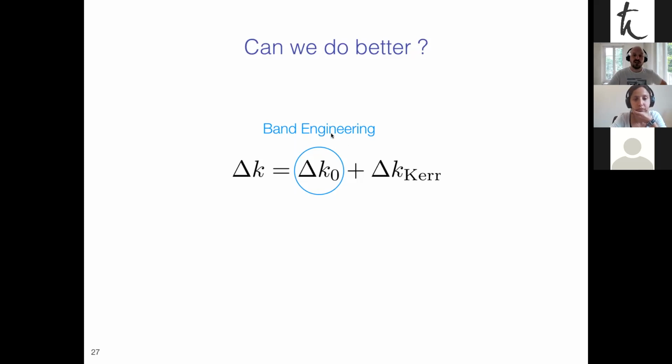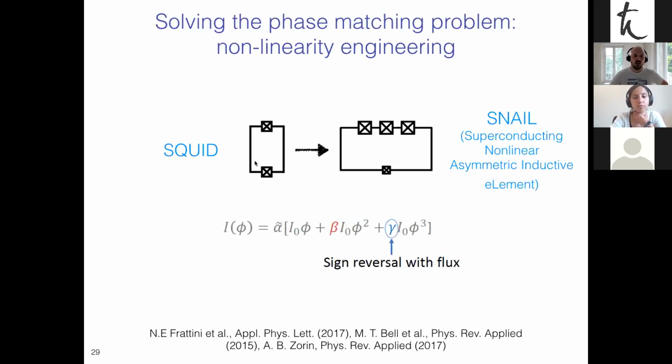Before, I told you that we might want to do some linear band engineering and adjust this delta k naught, the linear part of the phase mismatch. In a very recent work, we were able to engineer the nonlinearity itself. What we did was to replace a standard SQUID by an asymmetric one.